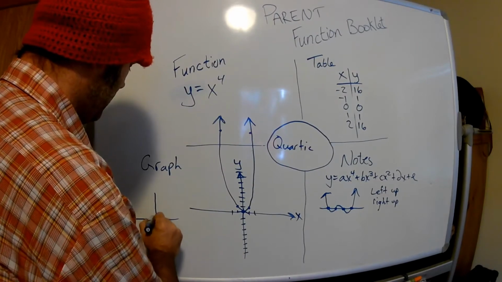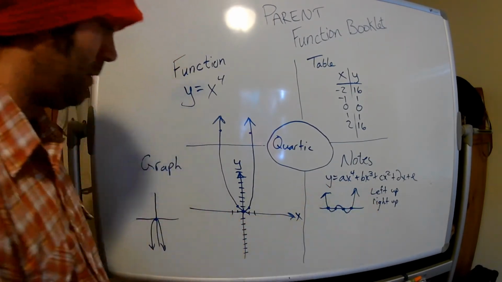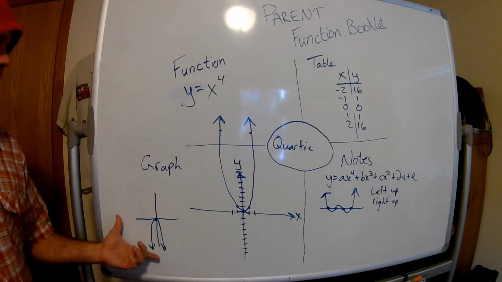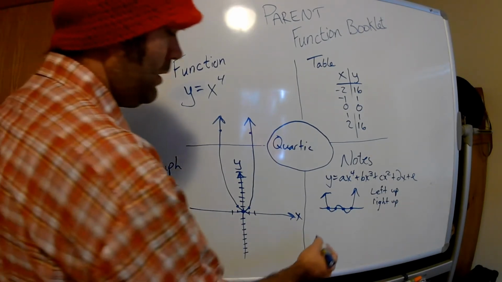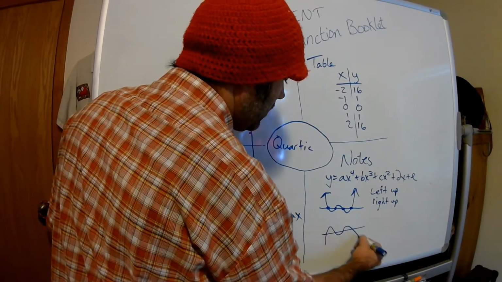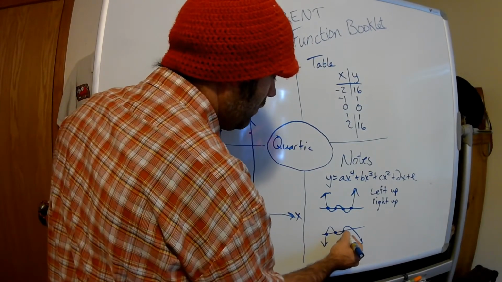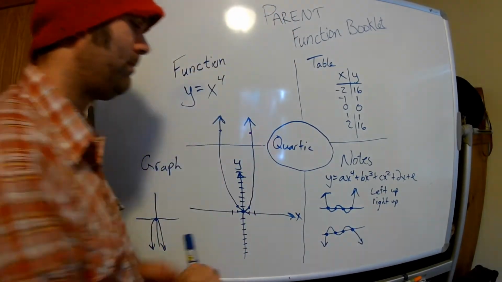But again, it could have this appearance over here. So this is definitely possible, but it could look like this. Look again, up to 4 real zeros.